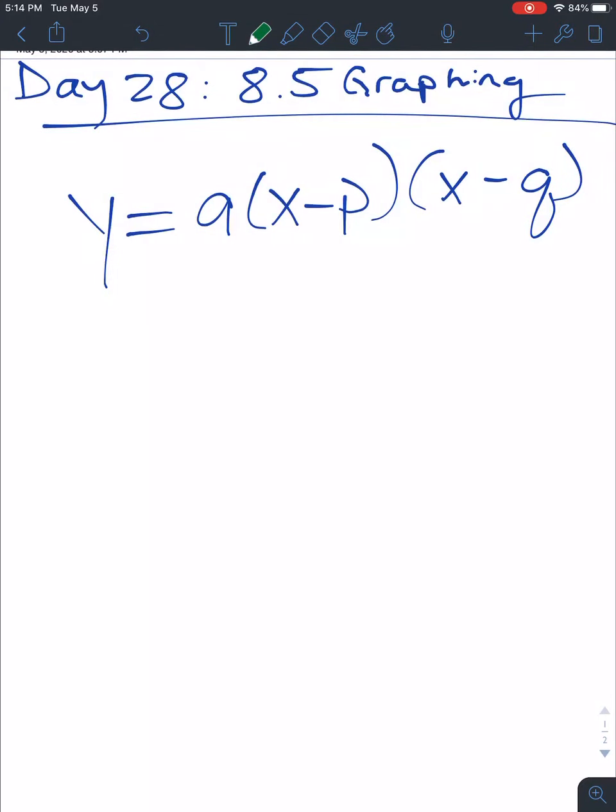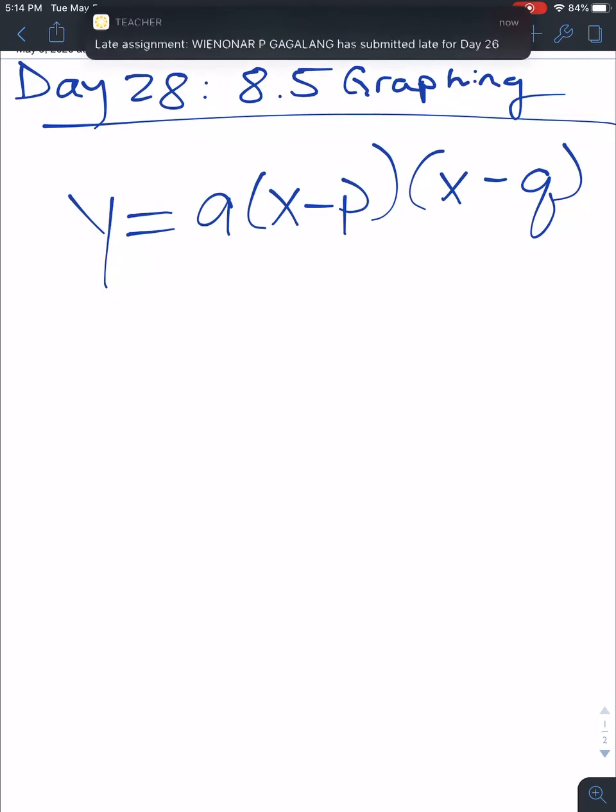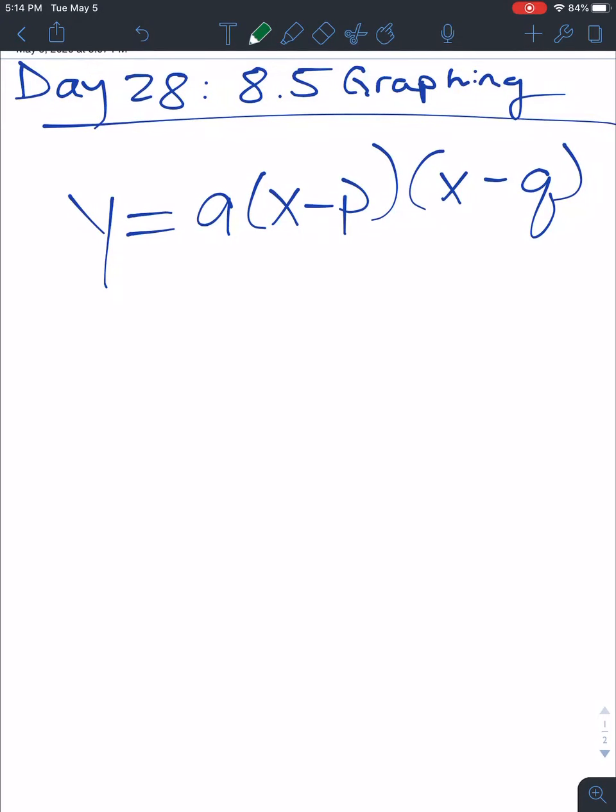Today we are going to be going through section 8.5, which is all on graphing y equals a times x minus p times x minus q. So now that we know how to graph in standard form, y equals ax squared plus bx plus c, and now we also know how to graph in vertex form, y equals a times x minus h quantity squared plus k, now we're going to be learning how to graph in intercept form.